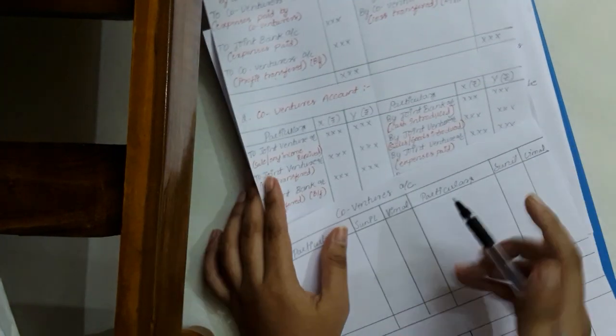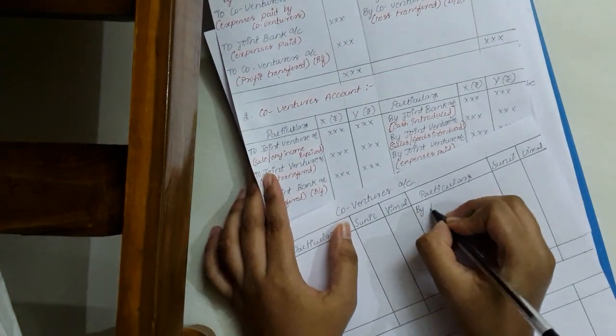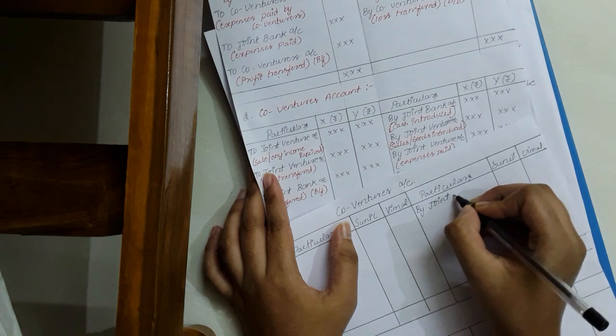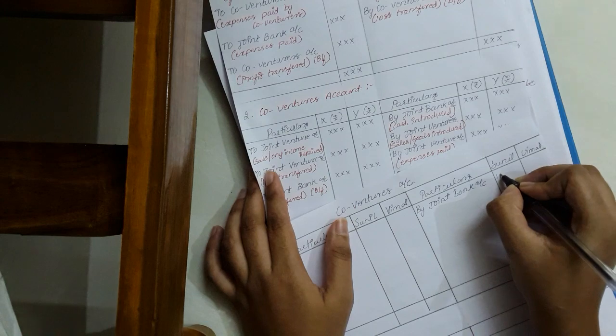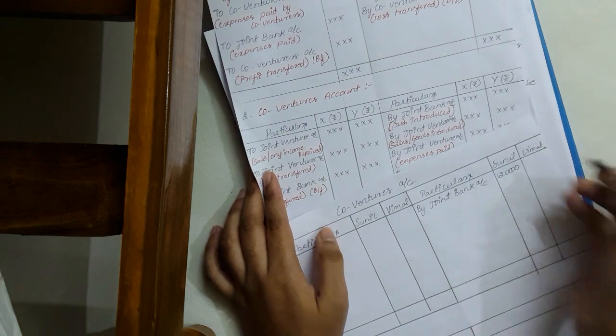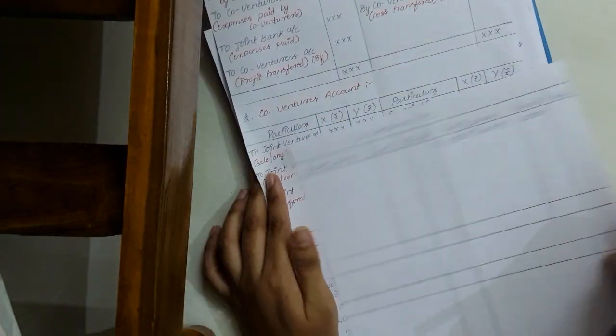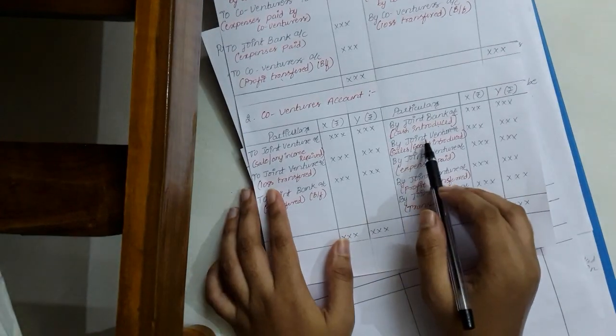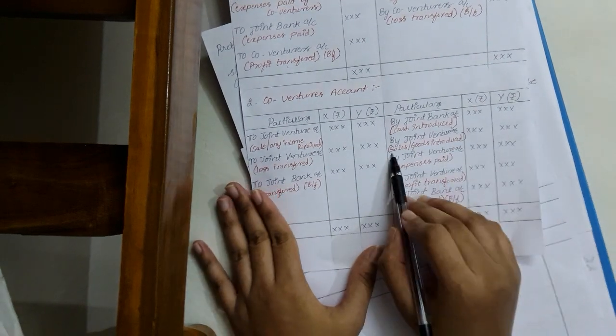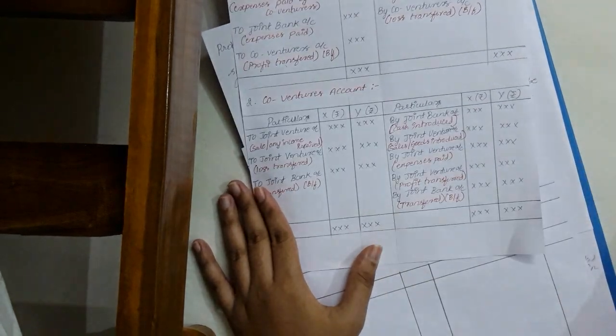We need to enter that over here, by joint bank account. How much is contributed by Sunil? 1,20,000. By Vimal, 1,60,000. Done. So next is by joint venture account, stock or goods introduced.